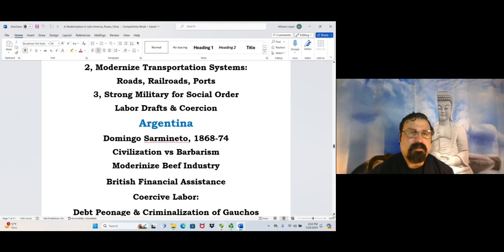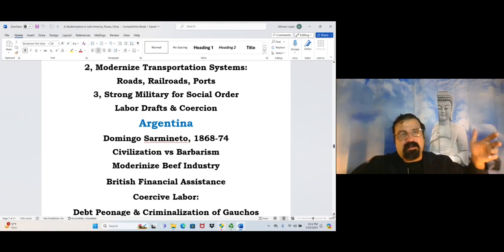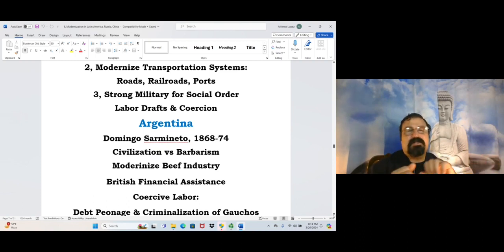So the liberal regimes of the late 19th century in Latin America are beginning to build strong militaries to maintain social order in order to ensure modernization. For example, the military is going to be used to quell rebellions, but also to enforce the labor drafts, pushing the peasants and the dispossessed indigenous populations into those public work projects by force, using coercion and the like.